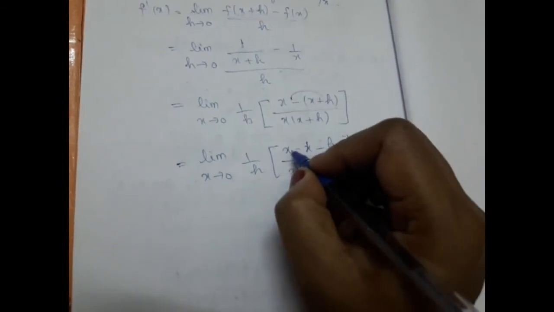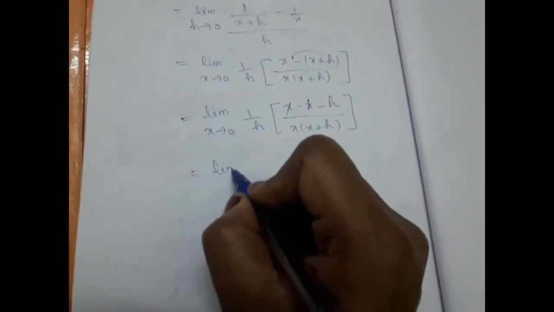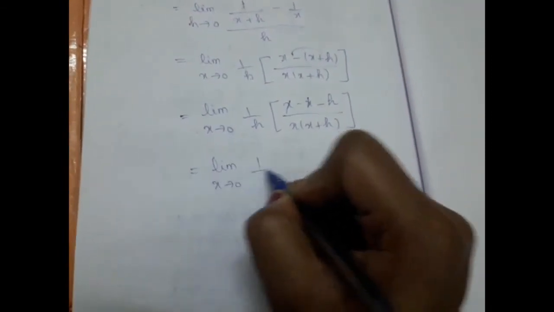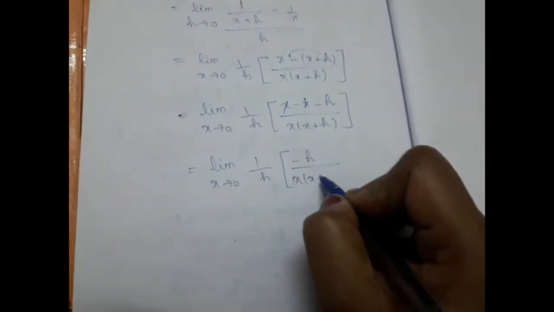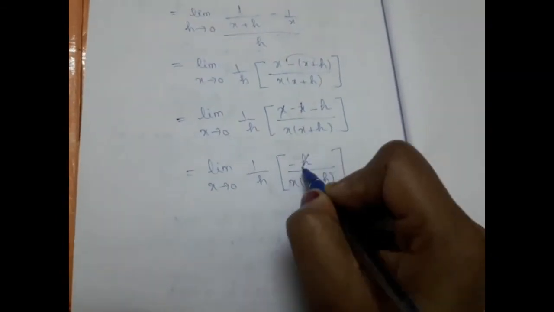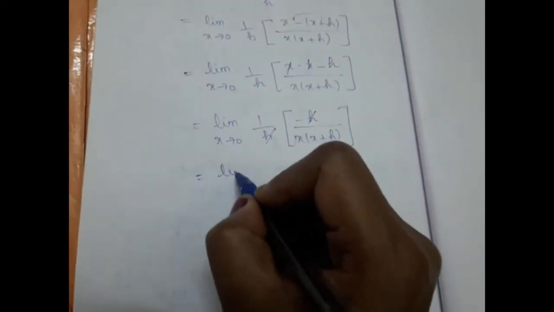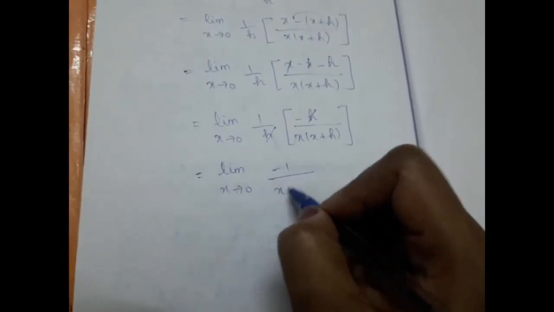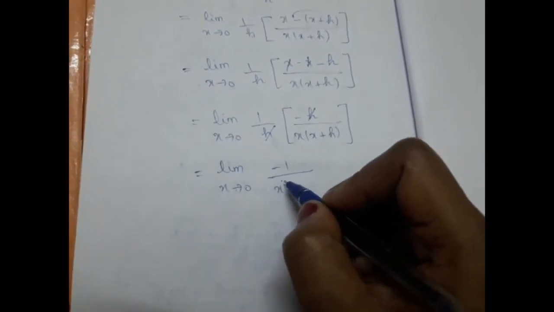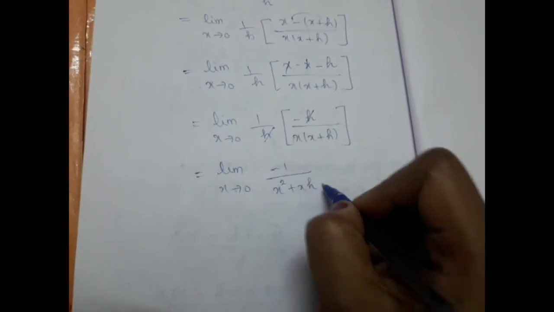So plus x minus x will get cancelled. So which is equal to limit x tends to 0, 1 by h into minus h divided by x into x plus h. So h will get cancelled. So which is equals to limit x tends to 0, minus 1 divided by x square plus xh, right?